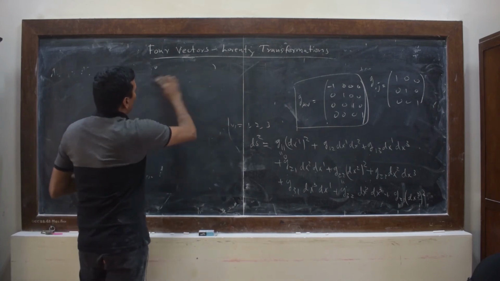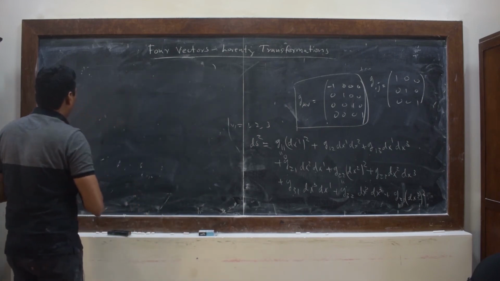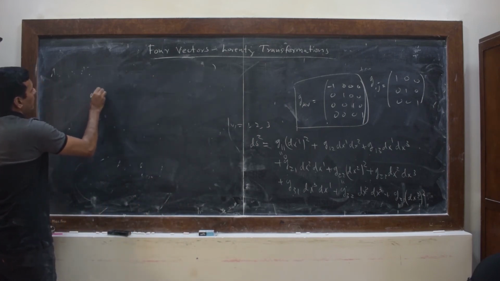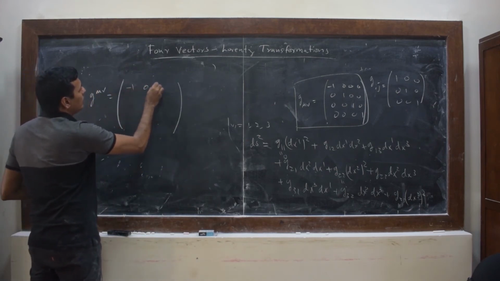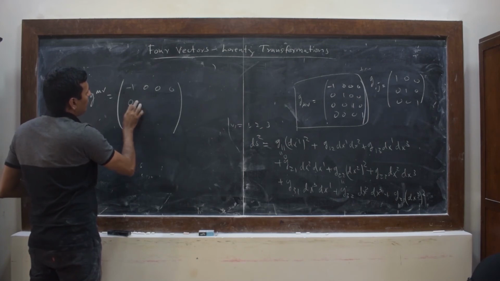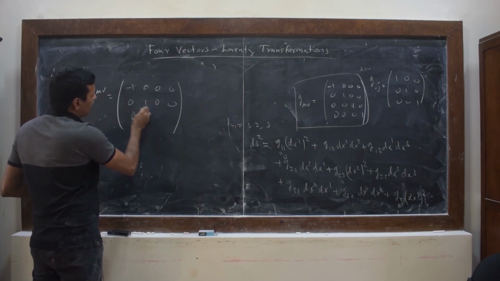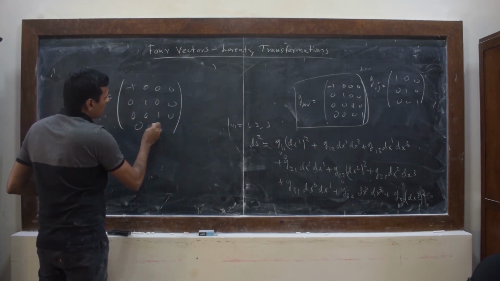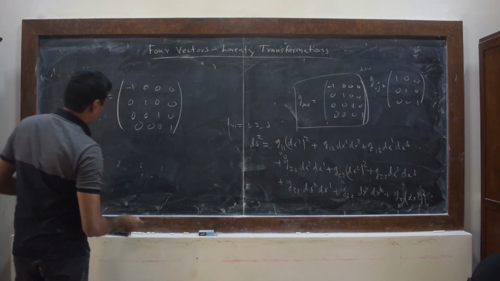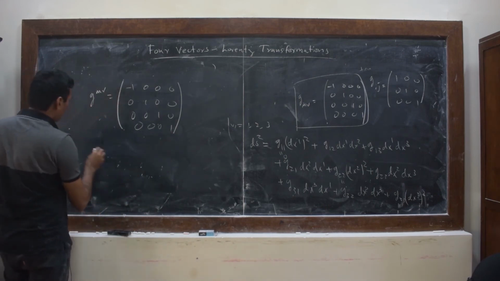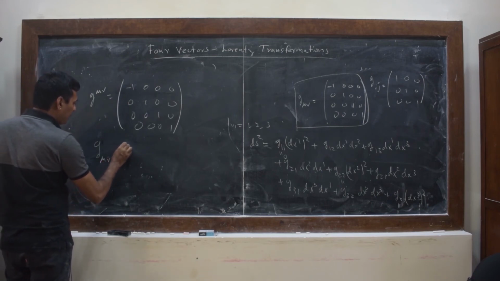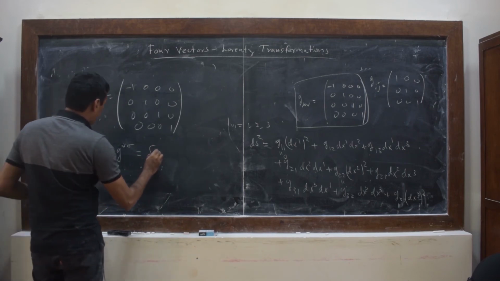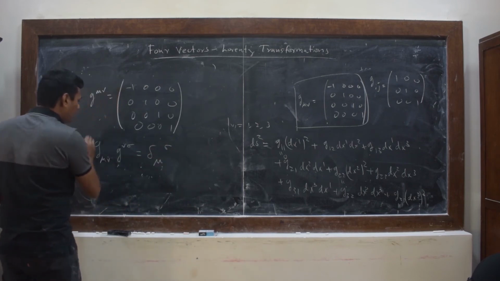Similarly, you can get the contravariant version G upper mu nu. Numerically it is the same thing: -1 0 0 0, 0 1 0 0, 0 0 1 0, 0 0 0 1, okay, such that G mu nu G nu sigma is equal to delta mu sigma, okay.